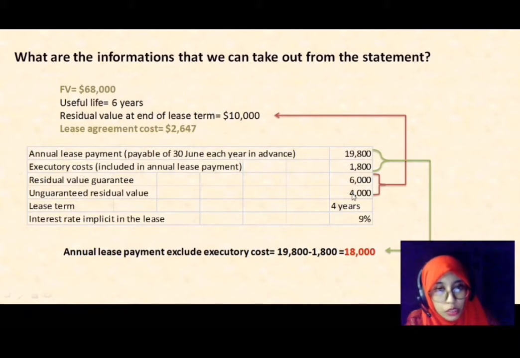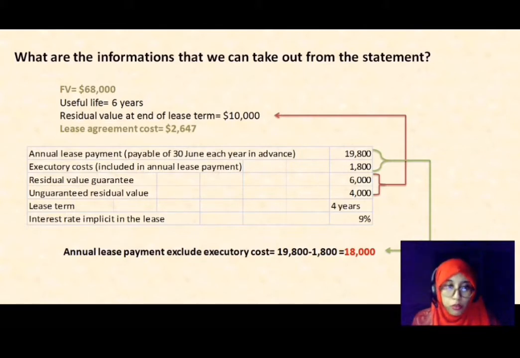So 6 plus 4 is 10,000. Basically, residual value here means the estimated fair value of the lease asset at the end of the lease term. So at the end of the lease term, there will be some estimated value that needs to be charged. And usually the residual value guarantee will be included in the minimum lease payment.